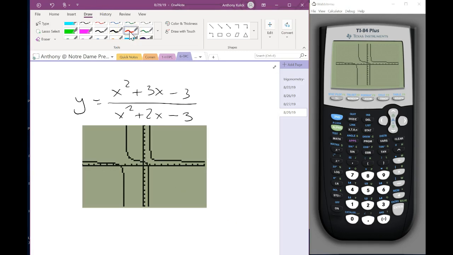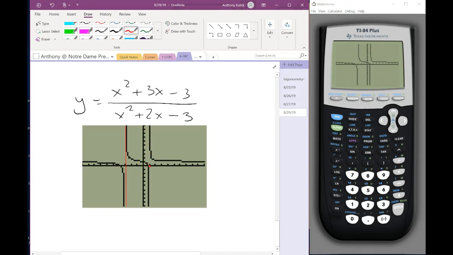Okay. So, if I look at this, do we see any vertical asymptotes? I see one right there. So you guys agree with that? Do you see any other vertical asymptotes? Good. Where do you see it?